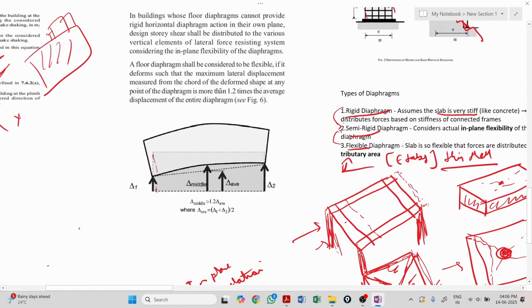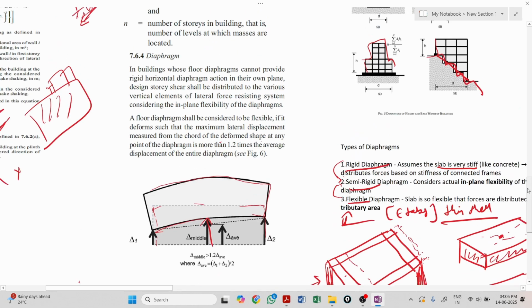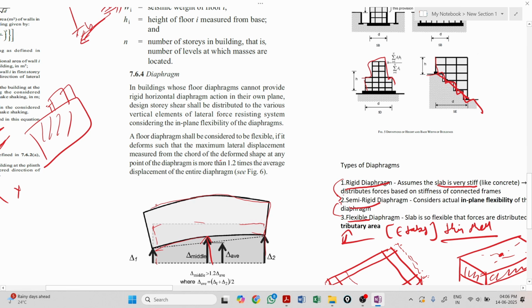Just imagine this to be a beam and the load is acting, and the deformation will be like this, correct? How will the load distribute to the horizontal member? That is called a diaphragm. I think now it's clear for you guys. Understood? So a diaphragm helps you distribute the load to the horizontal.